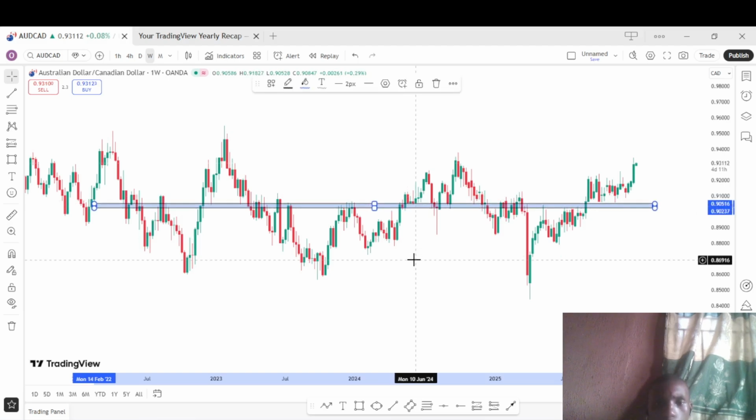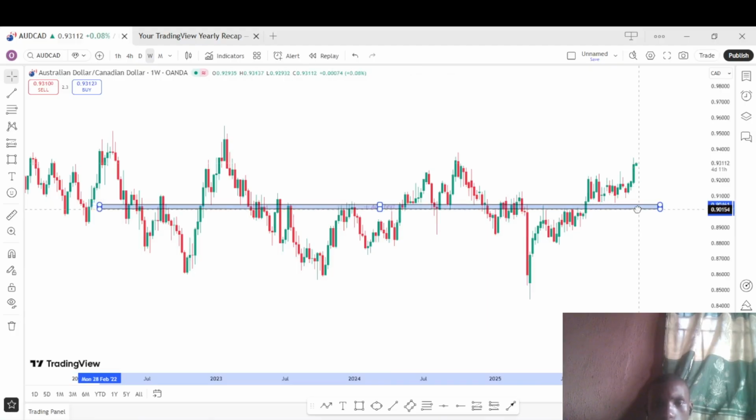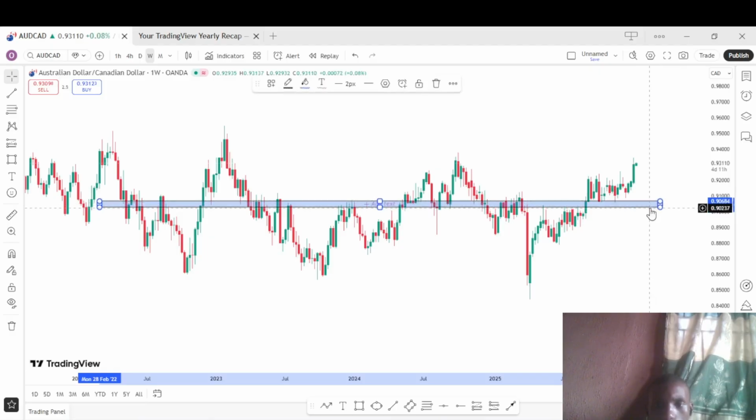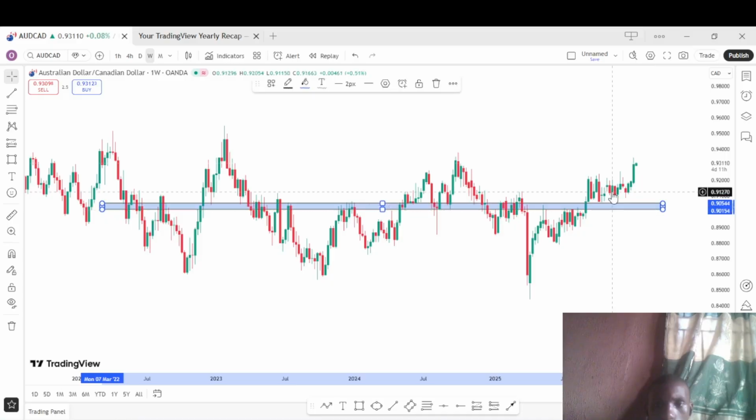So I plotted this zone at this point because if you look at it, starting from here, the market reacted at this level. Let me increase it a bit. The market reacted at this point, this point, this point.